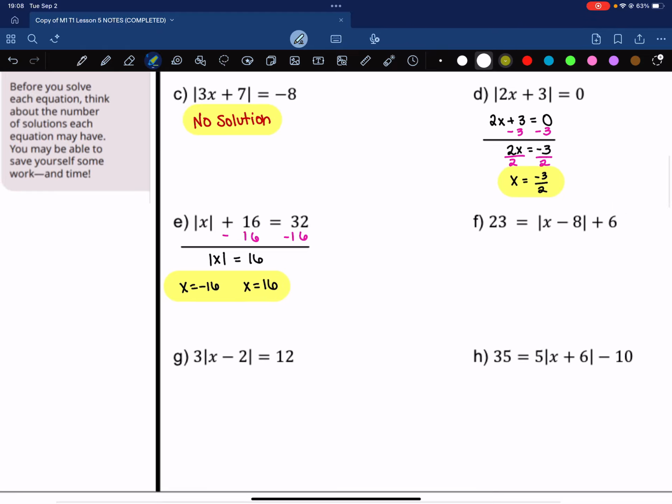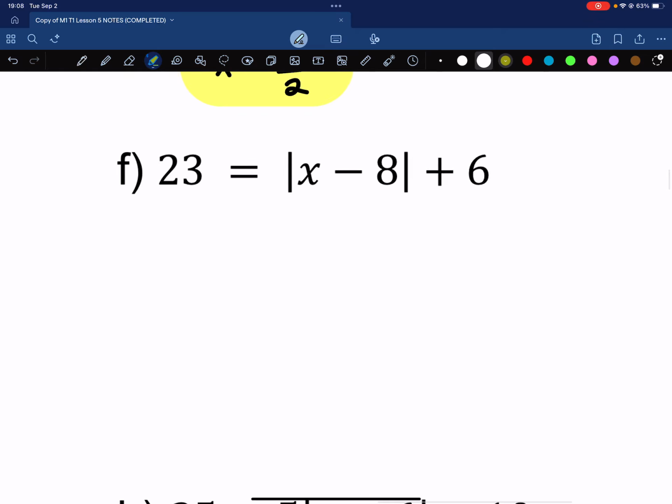Okay, moving on to the next one. This one, again, you ask yourself, is there anything being added, subtracted, multiplied, or divided to the absolute value bars? In this case, yes, a 6. But the other thing that may throw some people off is that now your x is on the right side. If you have an issue with this, you can just move this 23 to the other side, and you can solve it like we've been solving everything else.